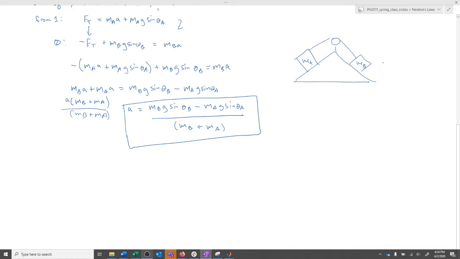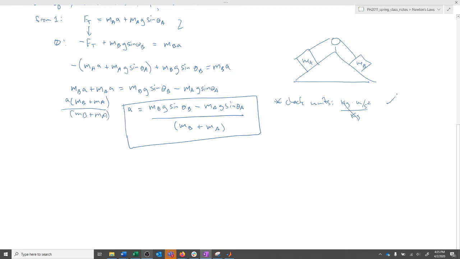Okay, so we can do a couple things. Let's check the units. What do we have? We have a factor of mass times acceleration over mass. So this will have units of meters per second squared, which is what we want.